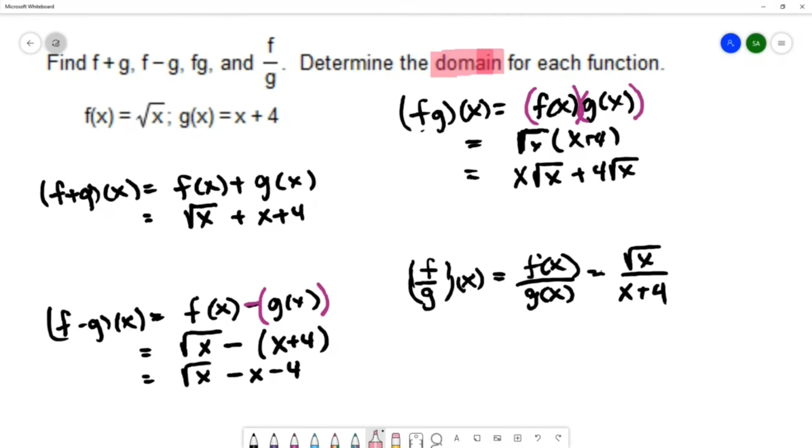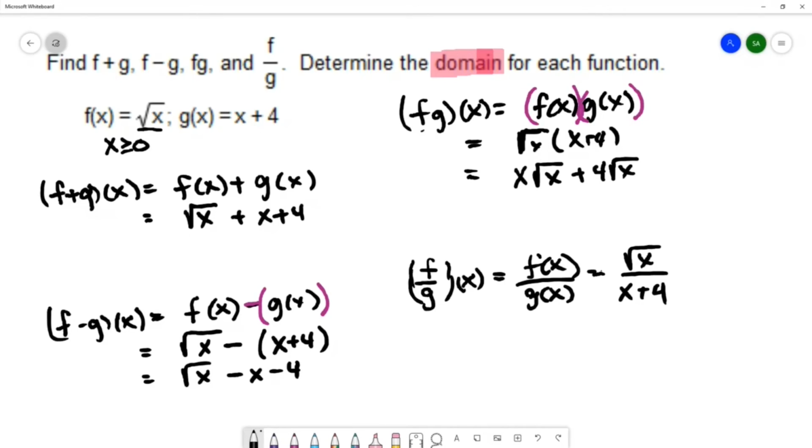When we find the domain of combined functions, you have to consider the domain of the individual functions. So we used square root of x to create it. The domain of square root of x is going to be x needs to be greater than or equal to 0, because the square root of negative numbers would give you imaginary.